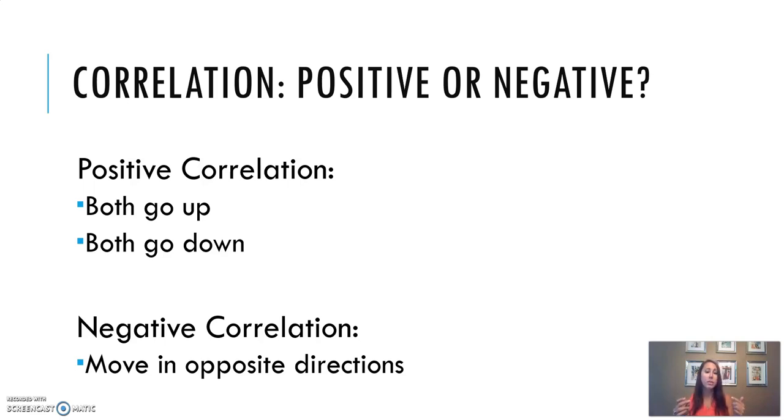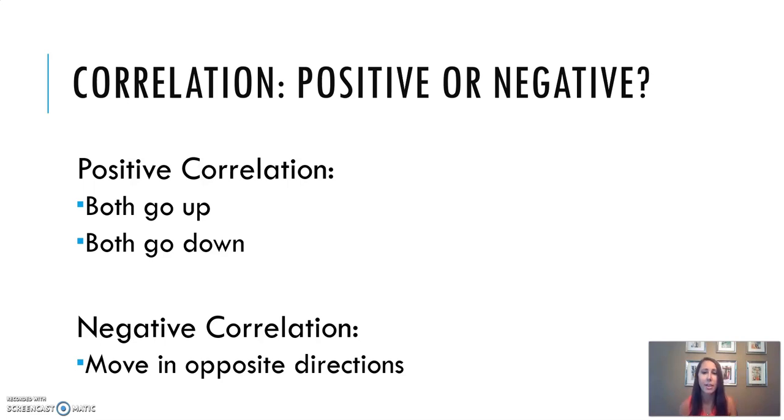But we can also have things that are both going down, and this is still a positive correlation. So if we are talking about, for example, the less amount of screen time that a young child tends to get, the less irritability they tend to have in the evening. And I don't know if that's what the current research is saying.